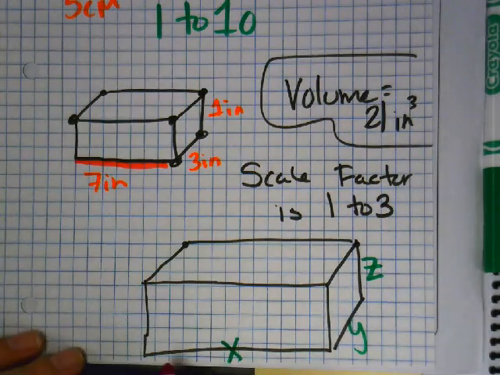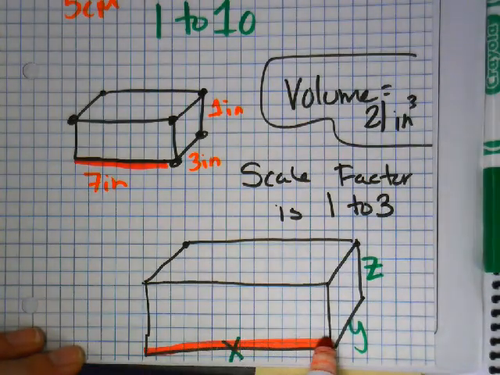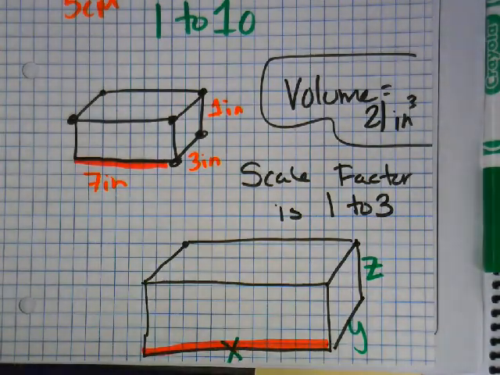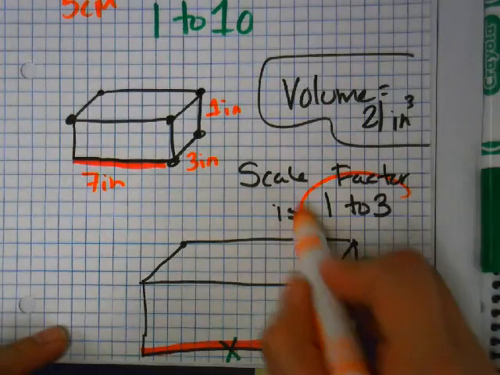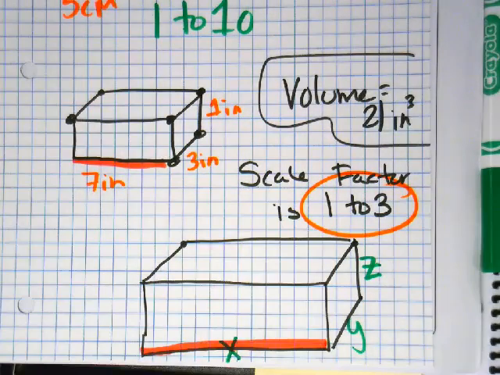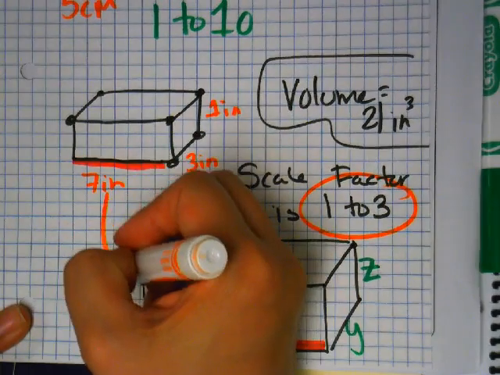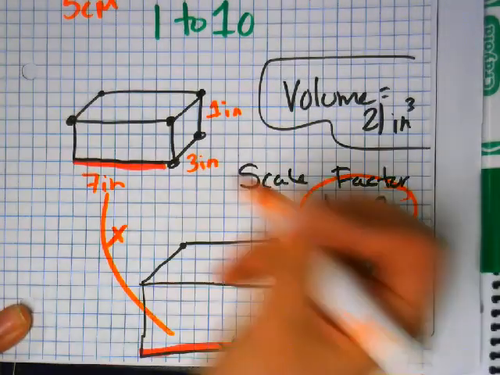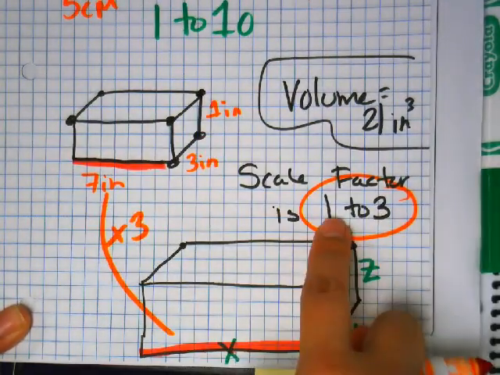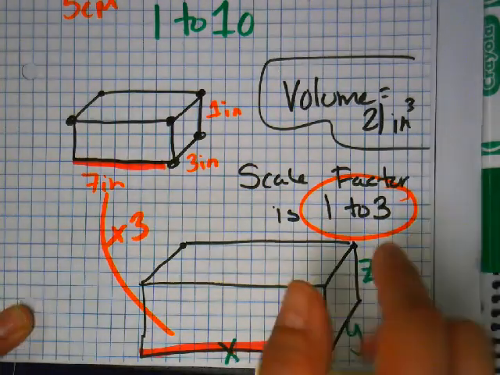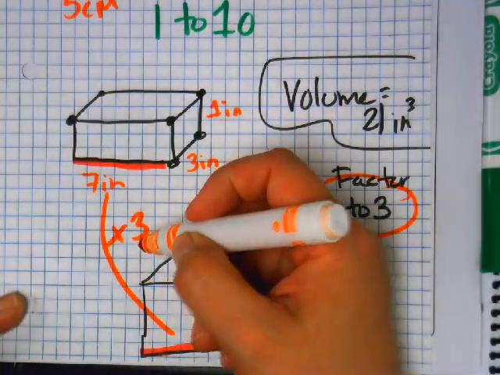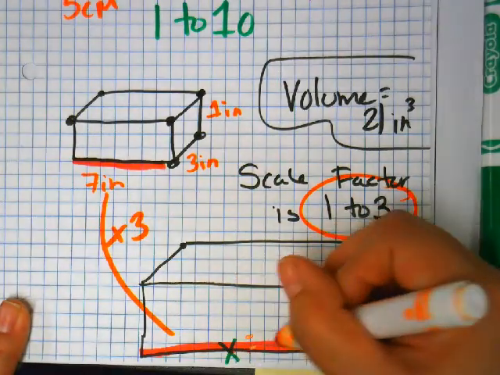My scale factor is 1 to 3. So I would take the 7 and multiply it by 3. What's 7 times 3? 21.